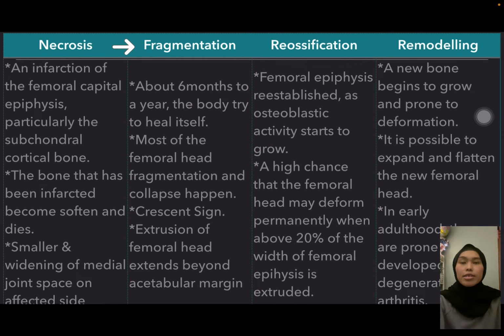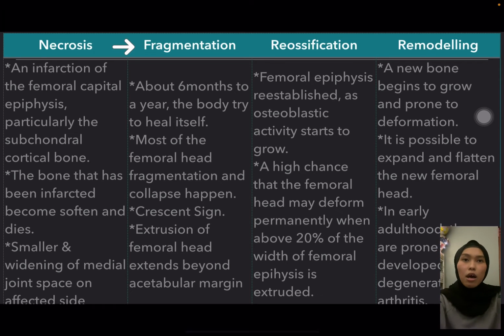Then the next one is the fragmentation stage. For about 6 months to a year, the body will try to heal itself. Most of the femoral head will fragment, and then the collapse will happen. Normally it will show a crescent sign, and extrusion of the femoral head extending beyond the acetabular margin.